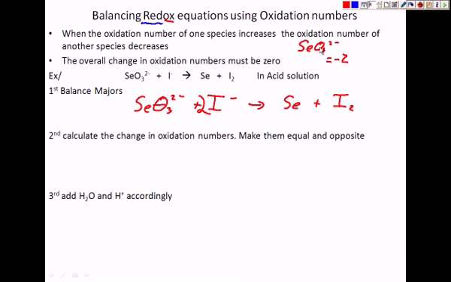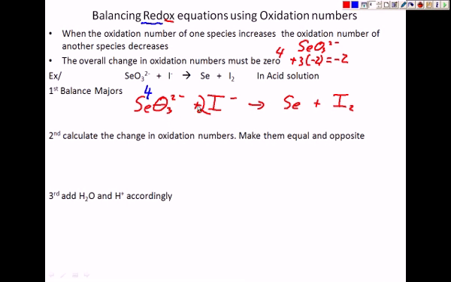Oxygen is minus 2, and there are 3 oxygens, so that's a total of minus 6. So minus 6 plus the Se has to equal minus 2, so the Se has to be plus 4. So 4 plus minus 6 equals minus 2. So our oxidation number of Se right here is 4.